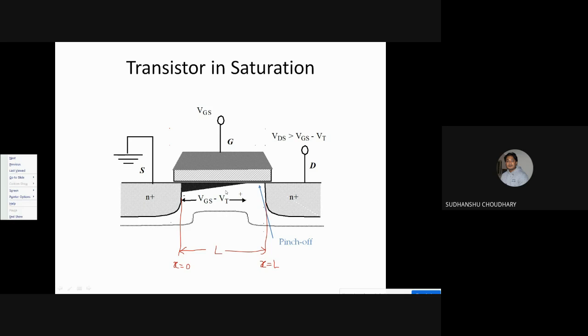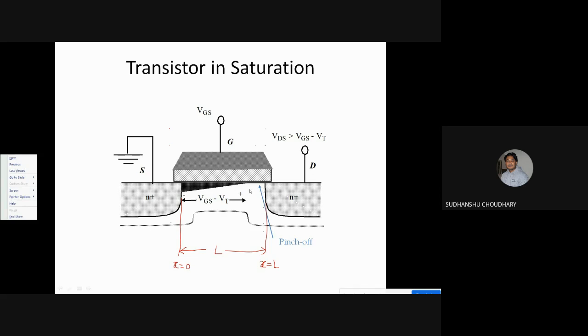And when you apply a VDS, the channel potential does not remain the same at each value of x. That is, the channel potential is not uniform. It changes as you move from source to drain.